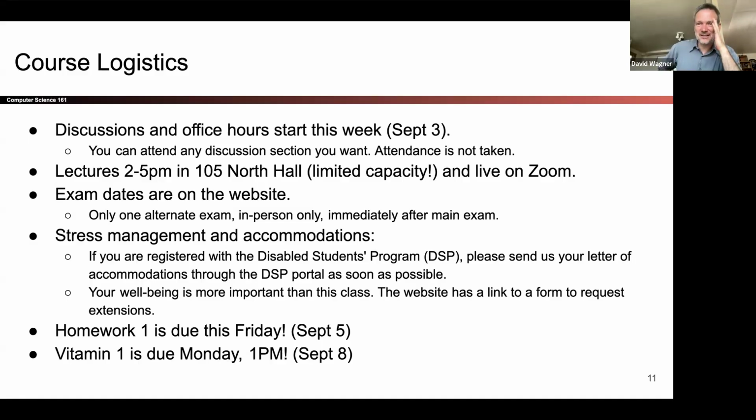If I see all sorts of wrong stuff on the vitamin, then I know, oh, I screwed up, I better go back to it. This is also intended as a way for you to keep on track with the course. So vitamins will be due by 1 p.m. on Monday, an hour before the start of lecture every week. So there'll be a vitamin due next Monday at 1 p.m. This is also your last reminder and announcement of that.